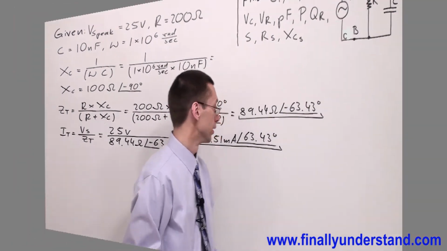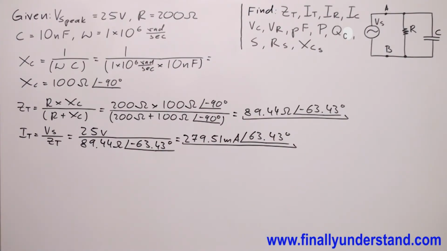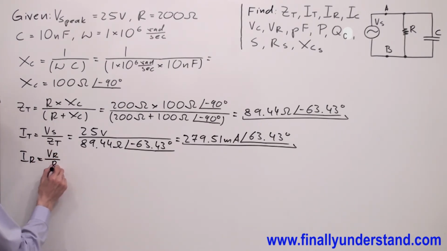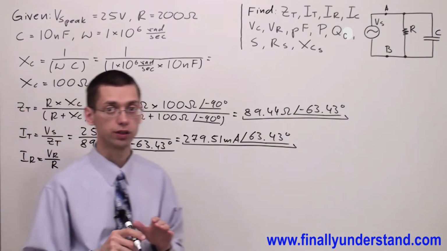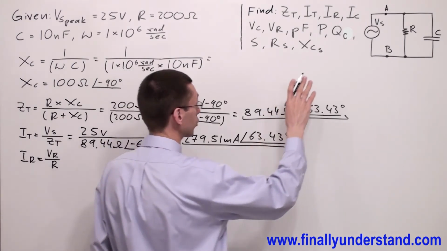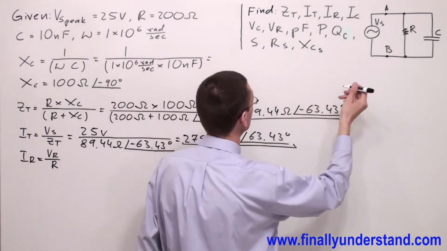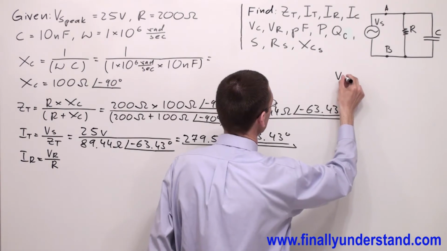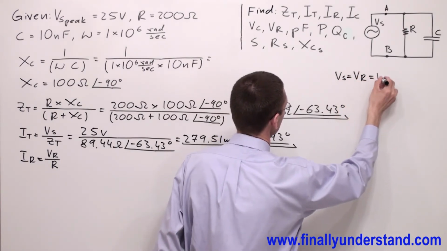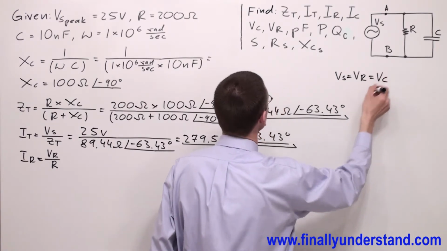Okay. Next, we're supposed to find the current which goes through the resistor. IR is equal voltage across the resistor over resistance. But please notice that we are talking about the parallel circuit. In parallel circuit, the voltages across each component are the same. So we can say that voltage source is equal voltage across the resistor, and this is voltage also across the capacitor.